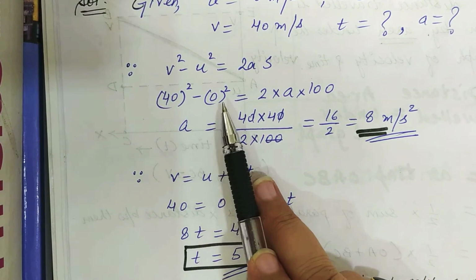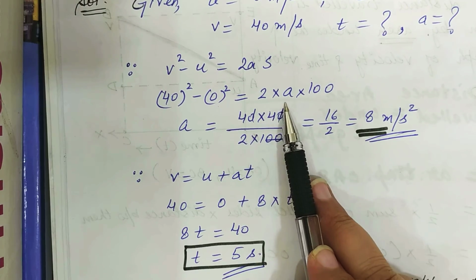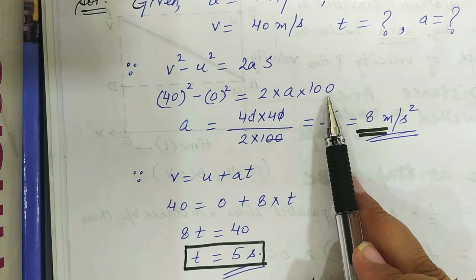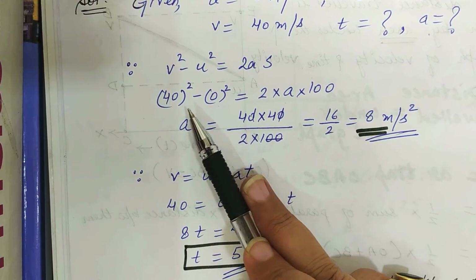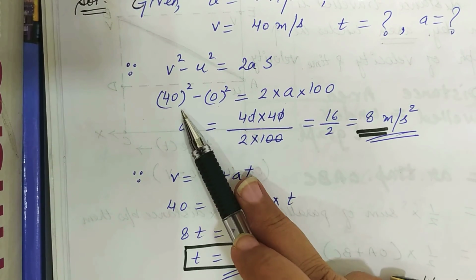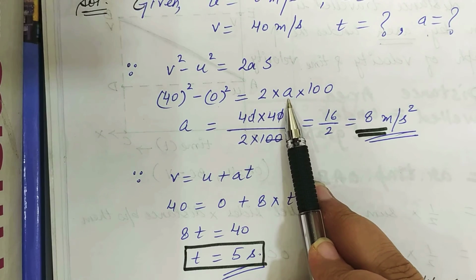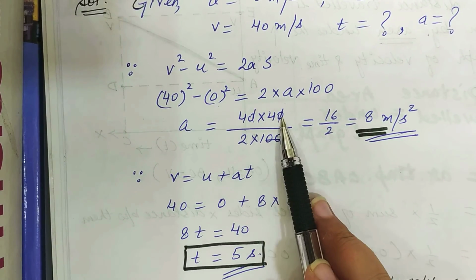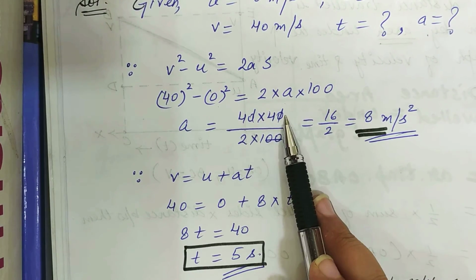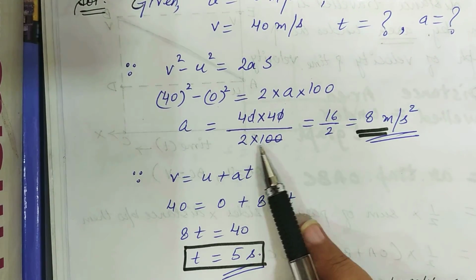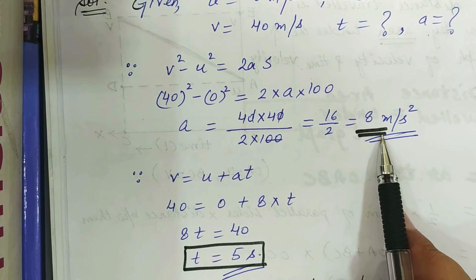V is 40, u is 0, 2 into a into 100. So a would be 40 square, that is 40 into 40 divided by 2 into 100. Cancelling, it comes out to be 16 by 2, that is 8 meter per second square.